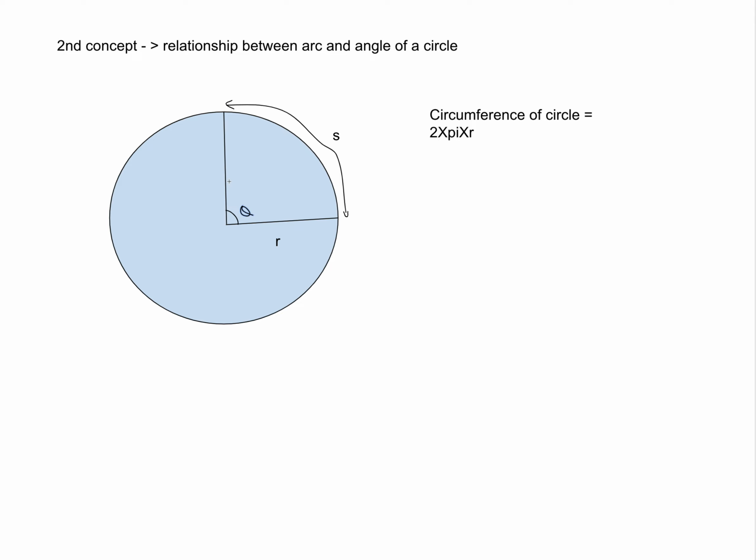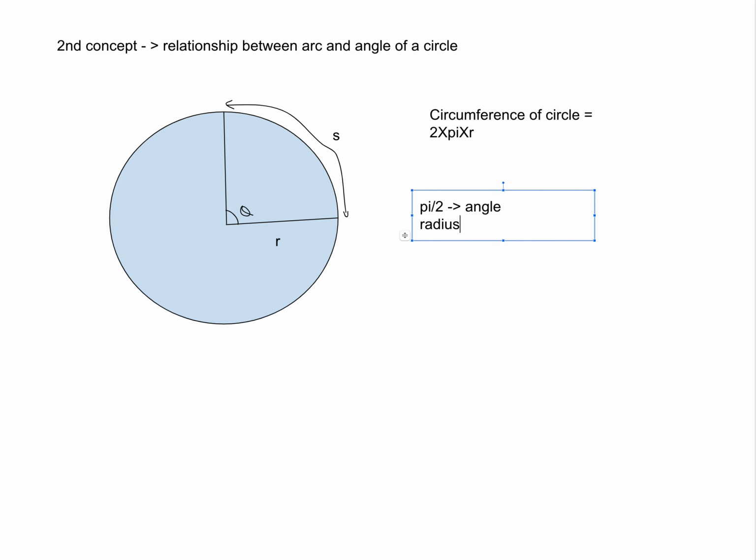Suppose this is a 90-degree angle. We have already seen that this angle is pi by 2, right? So suppose we consider that case. So this pi by 2 is the angle.